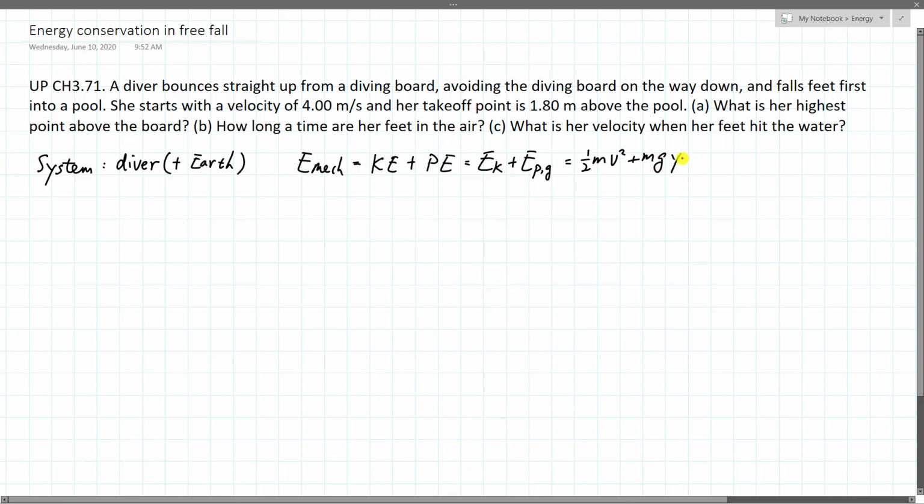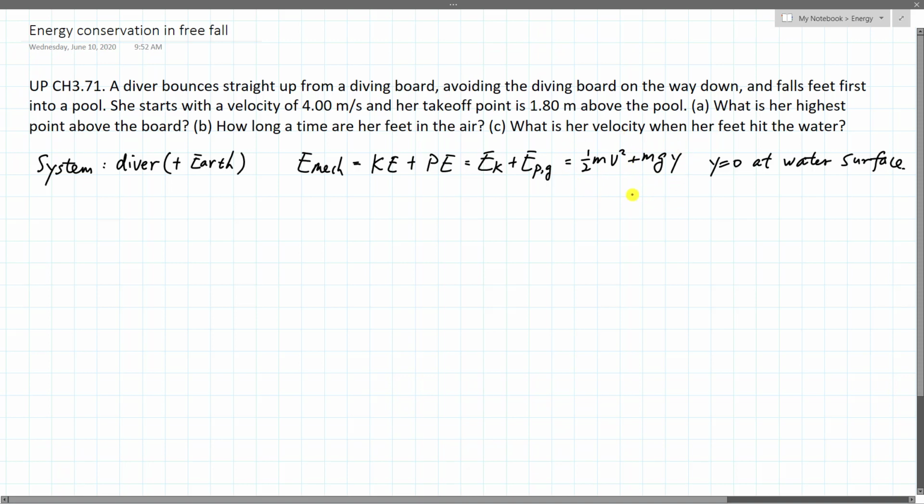And since the diver is 1.8 meters above the pool, we can set the water surface at 0 height. So let's just say y equals 0 at the water surface, and now we have basically the whole mechanical energy.